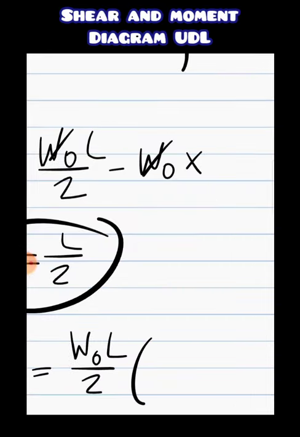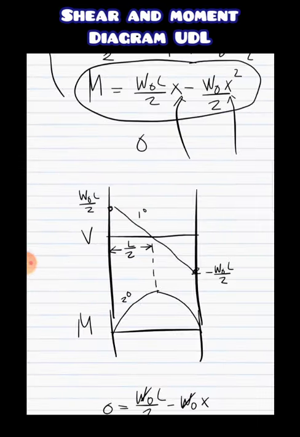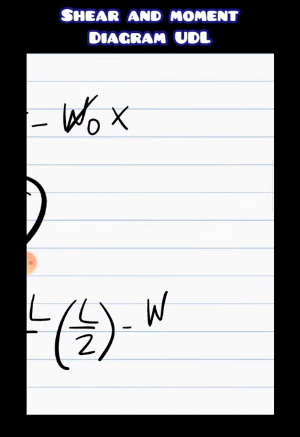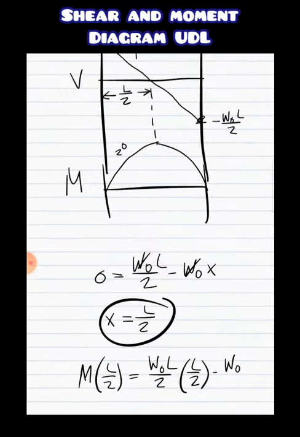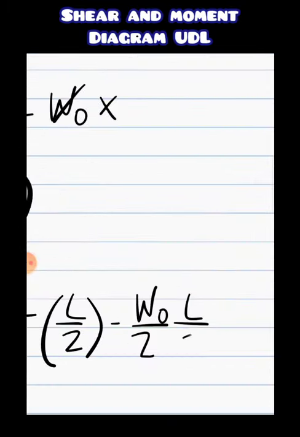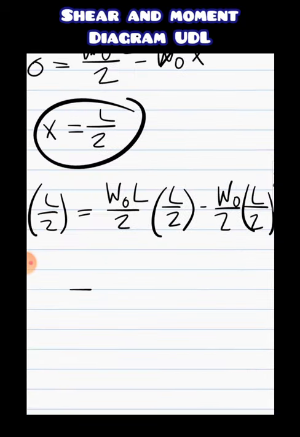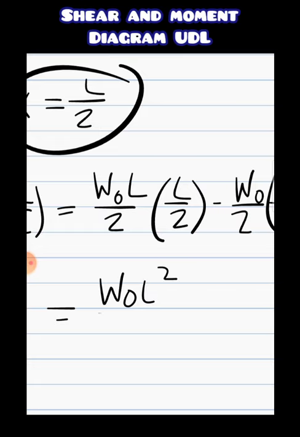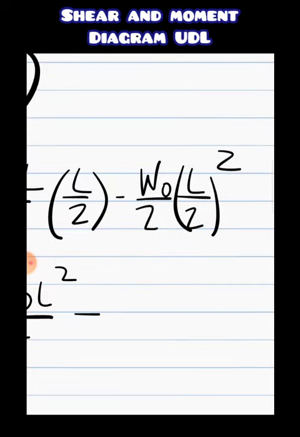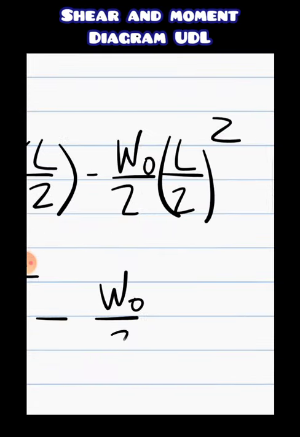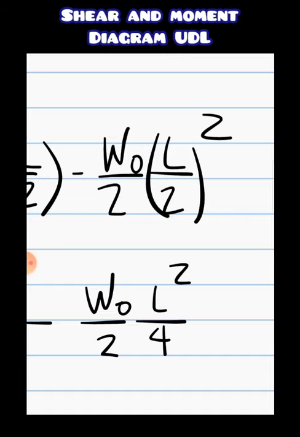WL over 2 times L over 2 minus W over 2 times L over 2 squared. This term will become WL squared over 4, while here it will become W over 2 times L squared over 4.